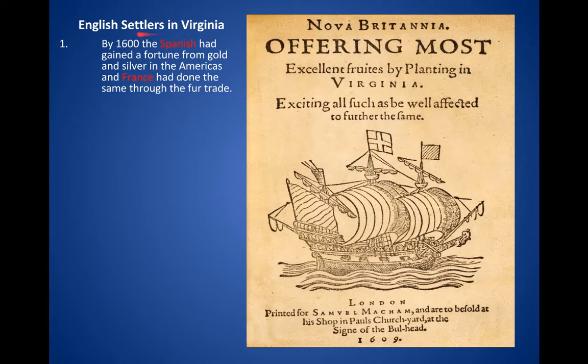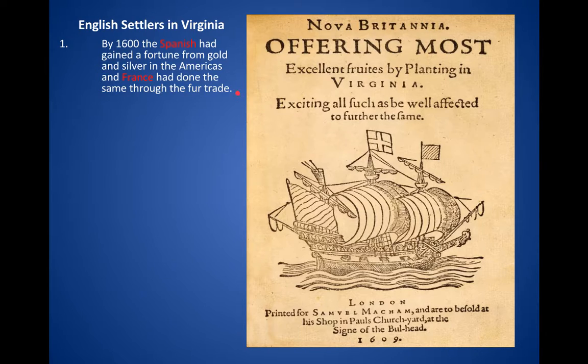So that's how the Spanish, during this time that the English were failing at Roanoke, were already getting a lot of money from gold and silver. And also during this time, the French were doing the same thing with the fur trade. Remember, they were coming to northern parts of North America as well as down the Mississippi River, and they were trapping and trading furs with Native Americans and sending them back to France.